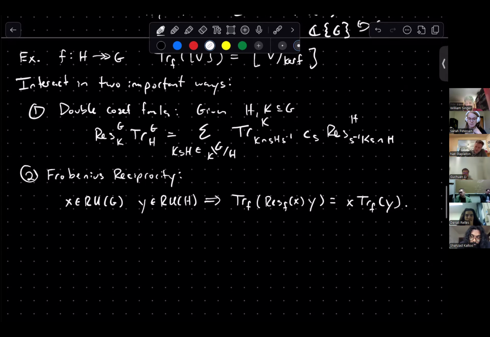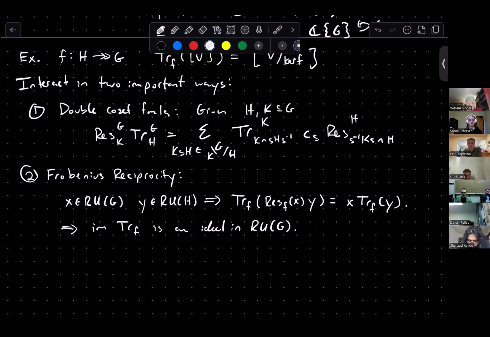But this has a nice implication. It implies that the image of the transfer along F is an ideal in RU of G, because it must be an RU of G submodule. And with this in hand, I can tell you what a global Green functor is.